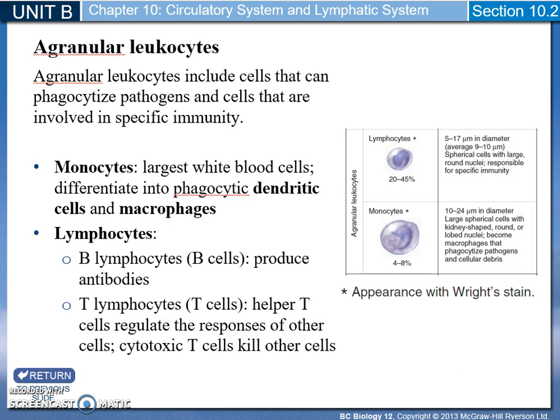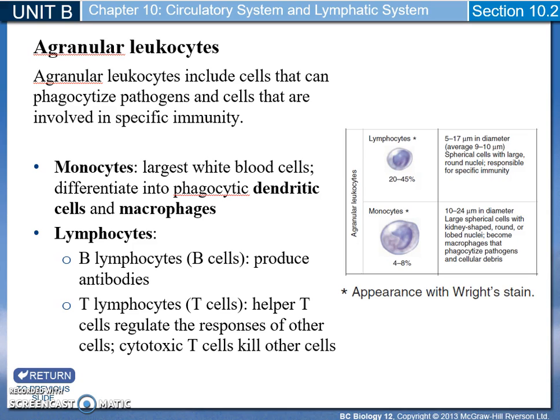Then we have the agranular types, and you can see that they don't have such a granular sort of appearance when you observe them under a light microscope. And these particular images would have been stained with what's referred to as a Wright's stain.